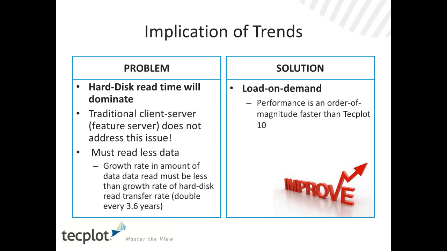We started doing this about 8 years ago with the first Tecplot 360, transitioning to a load-on-demand approach, where you only read the data you need at a variable and zone level, and that led to substantial improvements in performance. In fact, today's Tecplot 360 is an order of magnitude faster than Tecplot 10 was, at least.